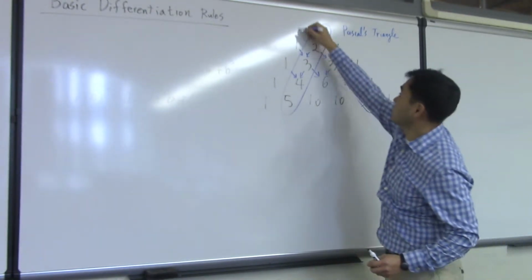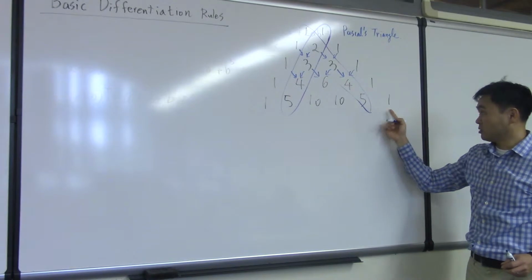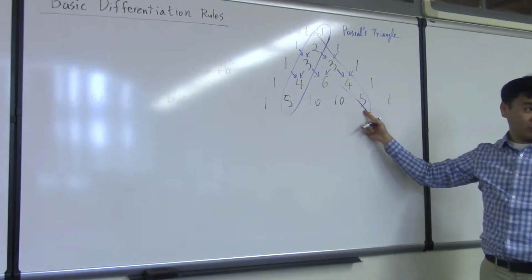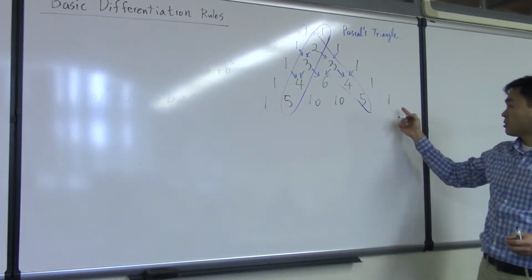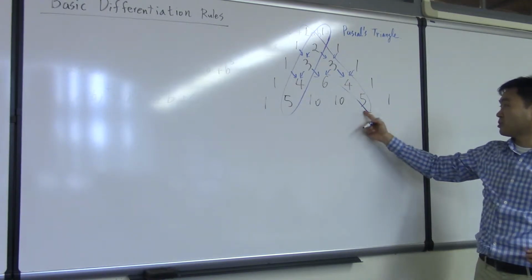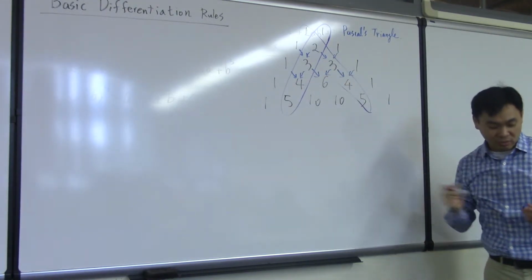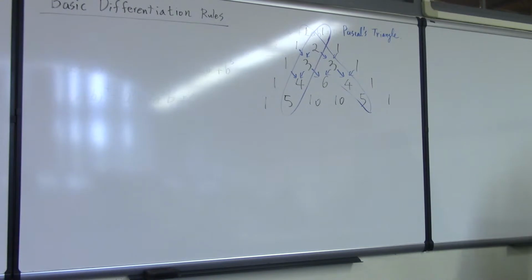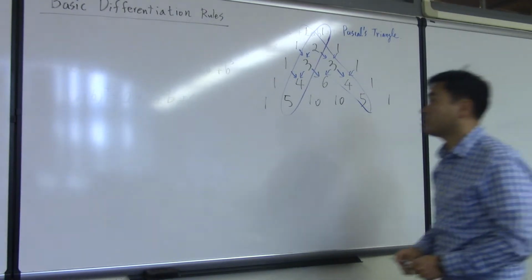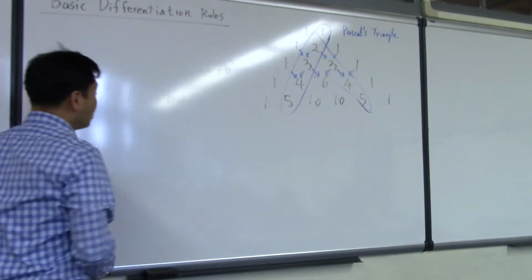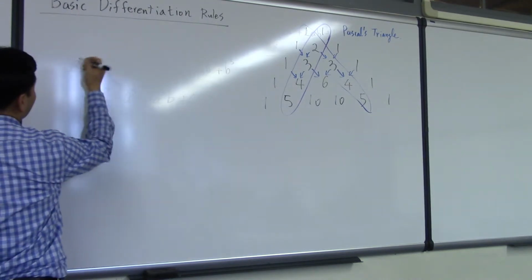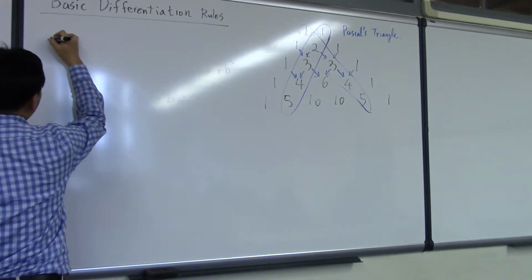Same thing over here. Just before the constant term, there's this h. Just before the constant term, there's these 1, 2, 3, 4, 5. It just goes forever. Okay? So, knowing that, let's try to find out the derivative of x to the 5th.